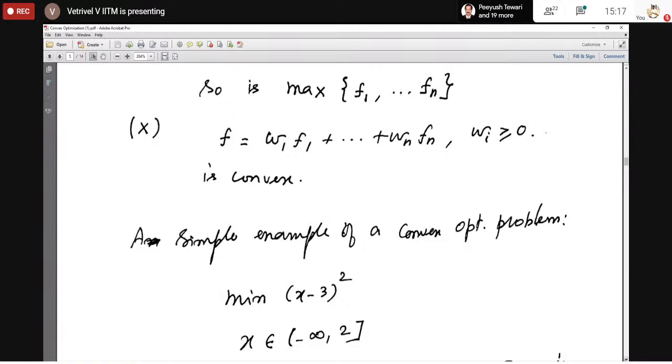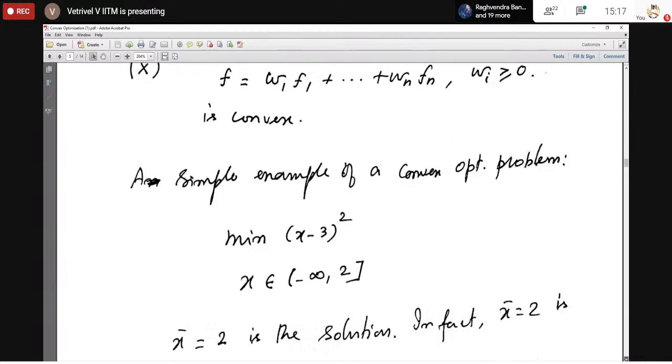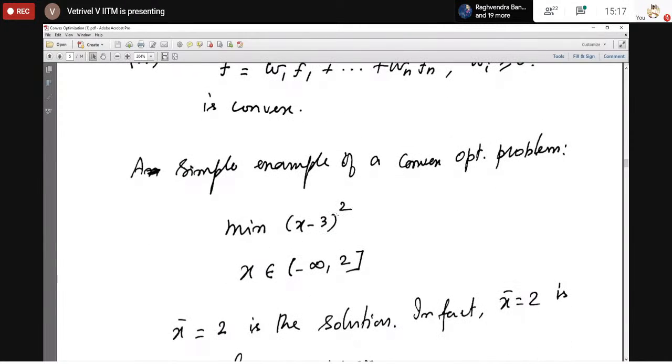One simple example of a convex optimization problem: x minus 3 whole square, because x square is a convex function. Therefore, x minus 3 whole square is a convex function, and this is a convex set, minus infinity to 2. So simply it's a parabola with the vertex at the point 3, and the feasible region is only minus infinity to 2.